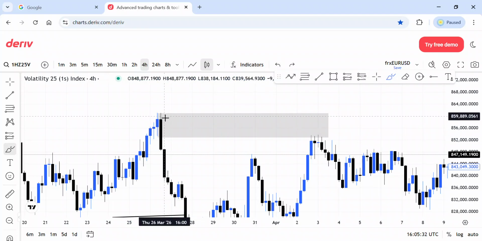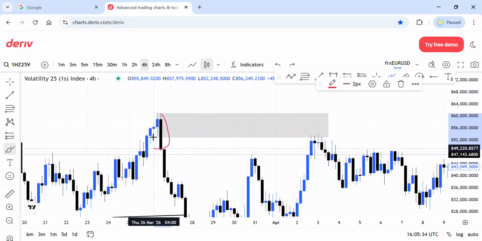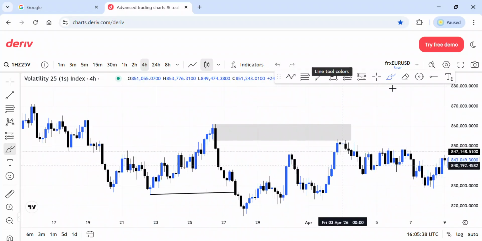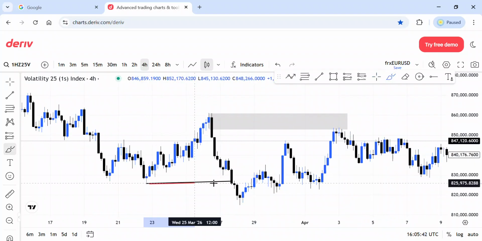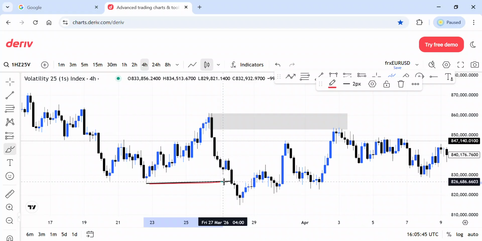We see this bearish candle engulfing it completely. Okay, and not only that, what happened? It led to what? It led to a BOS right here. So those are the criteria you need to see. And another thing is there is what? There is a fair value gap right here, as you can see. I hope you guys can see.